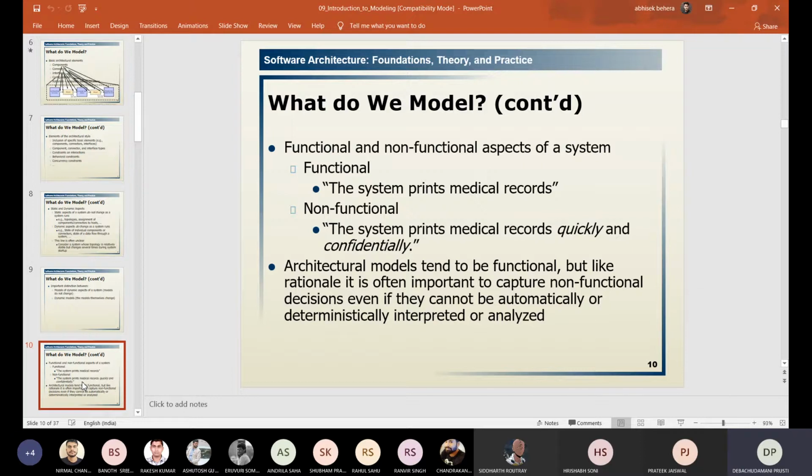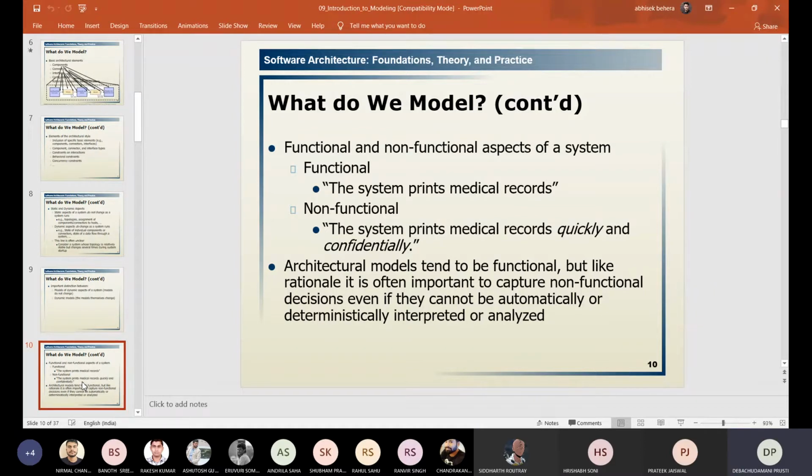Non-functional means once it is printed, how fast it should be, how quickly it should print the medical documents, and what confidentiality it maintains while printing. So confidentiality as well as speed are the two non-functional properties, and printing the records is the functional property.